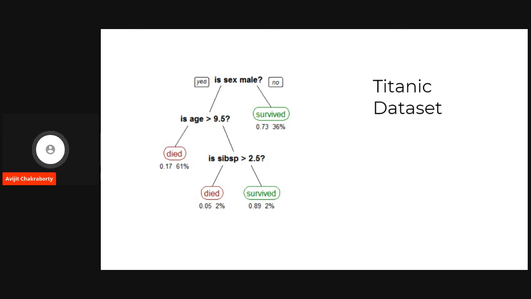Okay, so in this particular Titanic dataset problem, the question is whether a particular passenger will survive or not. Our task is to predict whether a particular passenger will be surviving or not. The tree needs to find out whether the passenger will be surviving or not.